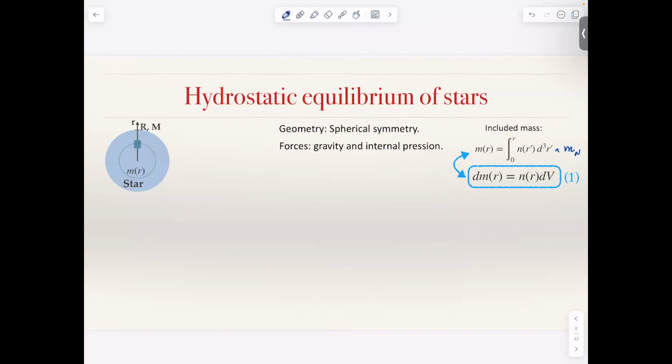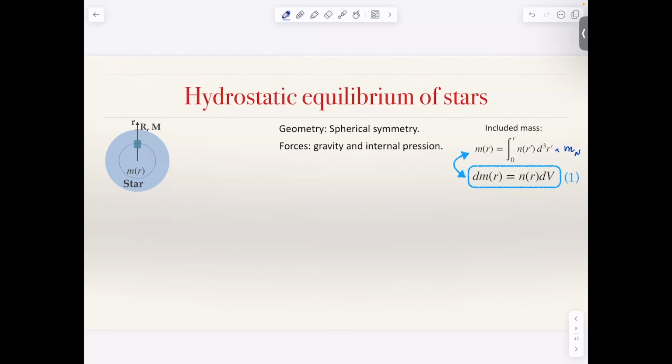I just want to anchor the lecture on something that is well known. The concept of included mass is pretty simple. It is just the amount of mass that you have below a given radius. When you span the radial coordinate from 0 to the radius of the star, you go from included mass, which is 0 in the center because the volume is 0, to a mass at the radius, which is the mass of the star.